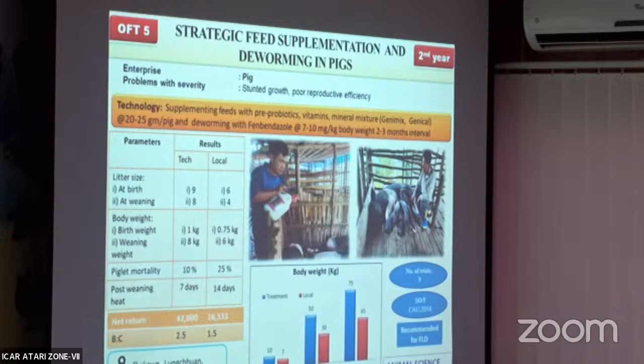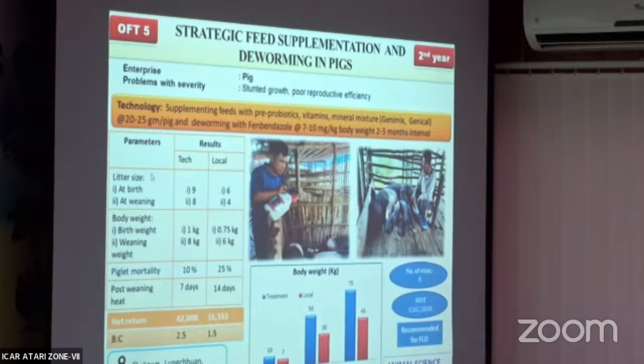And the next one is strategic feed supplementation and deworming in pig. This is an OFT which has been taken up for the second year. We supplemented the feeds with pre-probiotics, vitamins, and mineral mixtures in the form of Genimix.